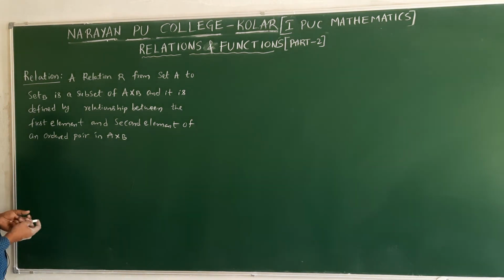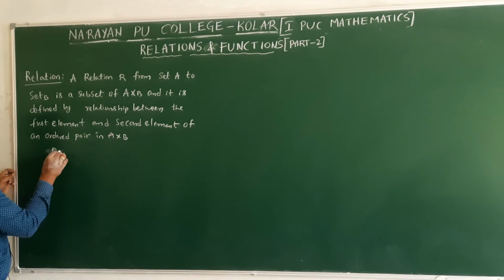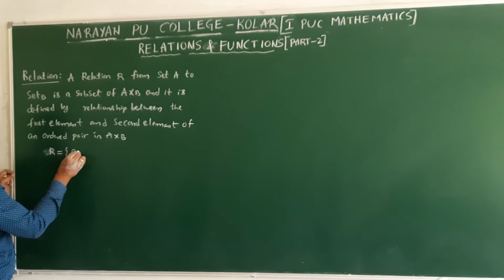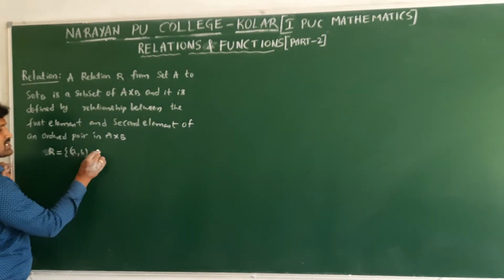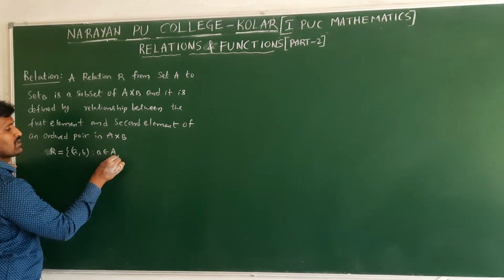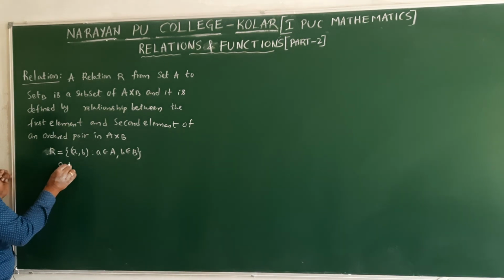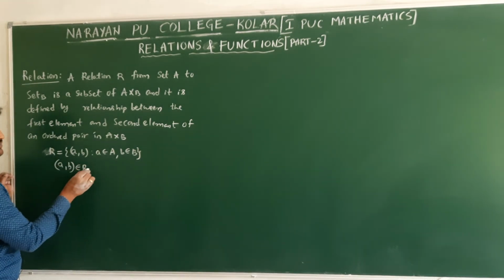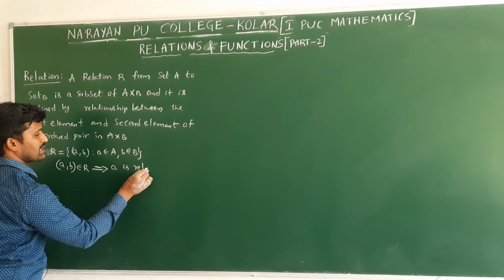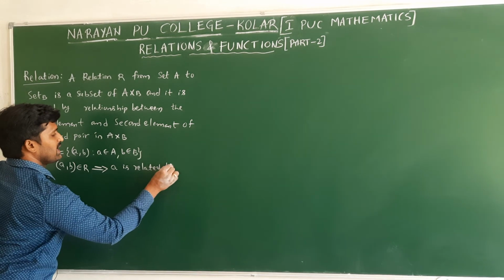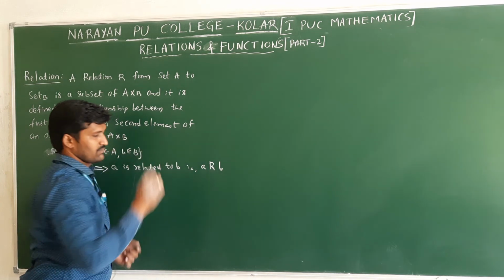Now, how do we represent it? Generally, for a relation R, if an ordered pair (a, b) belongs to R, where small a belongs to capital A and small b belongs to capital B, then we can say that a is related to b. That is, we can write a R b.